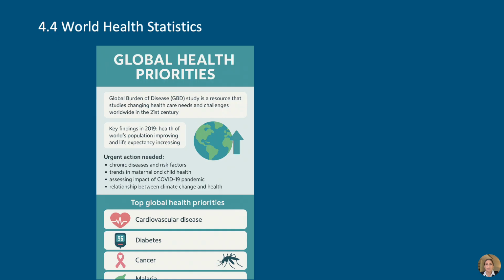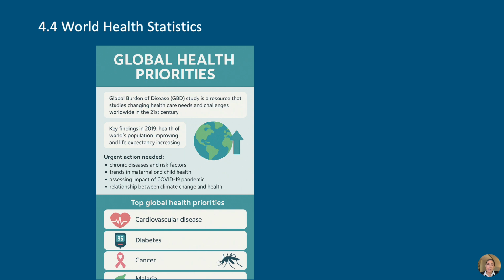When we're looking at these global health priorities, global burden of disease is a resource that studies changing healthcare needs and challenges worldwide in the 21st century. So if we look at key findings in 2019, the health of the world's population, and we look at life expectancy, we see it's increasing.